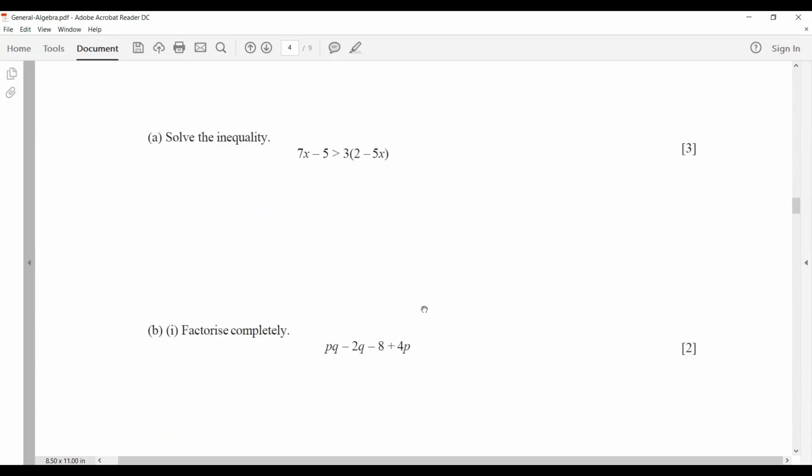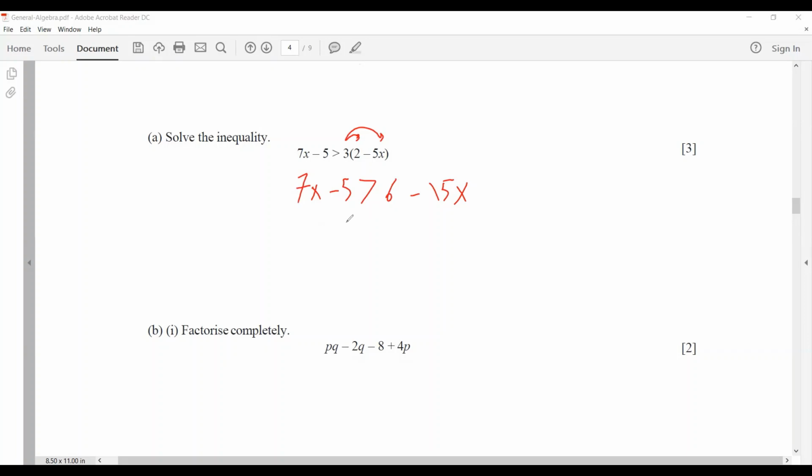Solve the inequality. Okay. You have to do the expansion on the right-hand side first, and then bring all the x's on one side. So that's basically the procedure. You get 6 minus 15x. I'm going to bring all the x's to the left-hand side.